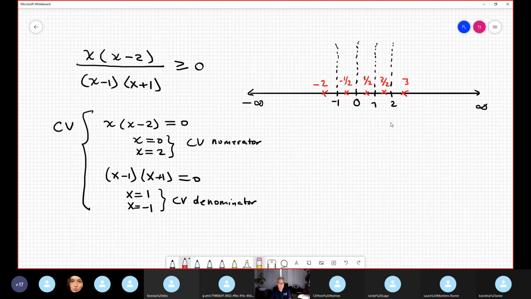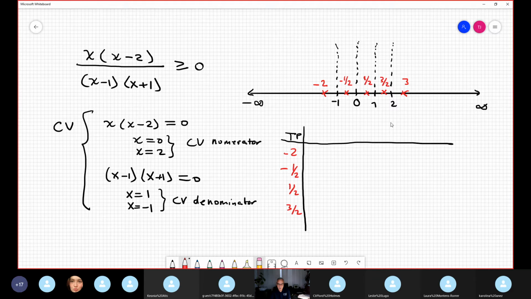This is my testing points. Okay, so now the table. 5 testing points we have: negative 2, negative 1/2, positive 1/2, 3/2 and 3. Okay, super.